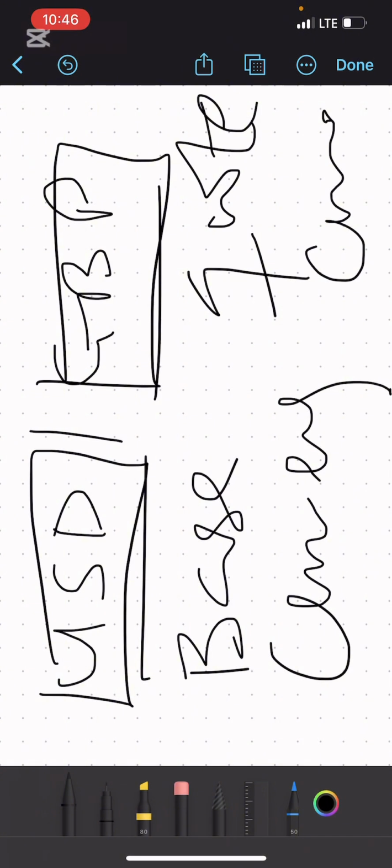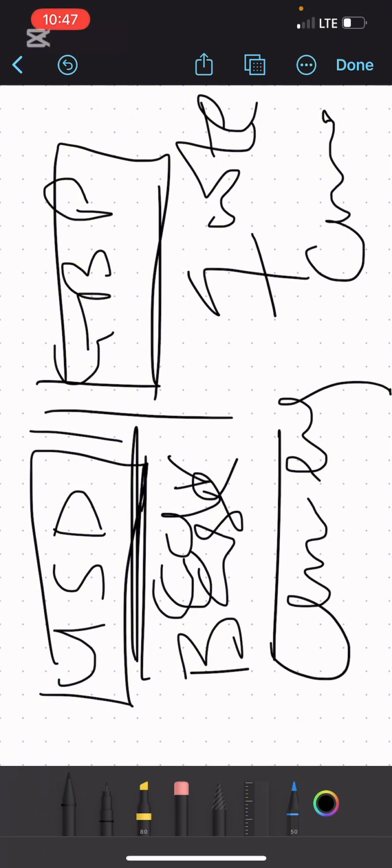So the quote currency is the price of the product. Let's say, for example, I'm giving an example, this USD is a car. So the base currency is what we are buying, the car, and the quote currency is the price we are using, or the cost of the car.